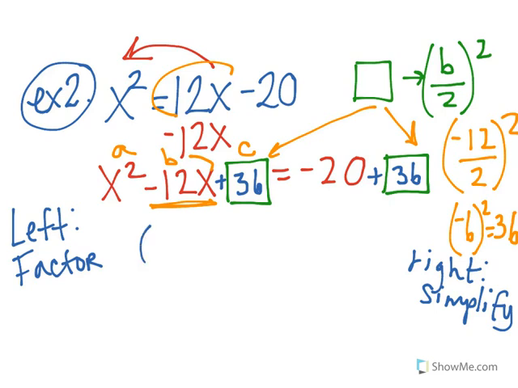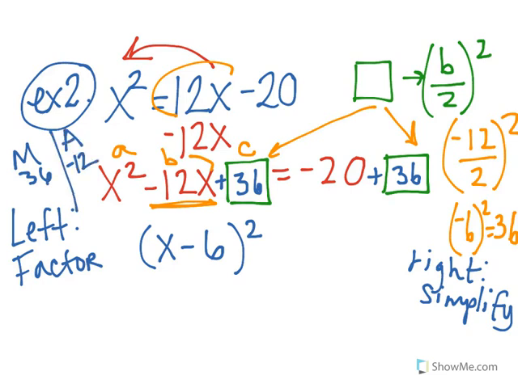That means I'm going to have something over here squared. Well, I need something to multiply to get 36, but add to get negative 12. That's going to be x minus 6, because x minus 6 and x minus 6 multiply to be 36 and add to be negative 12.